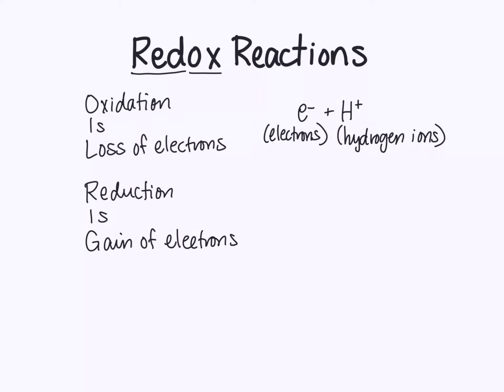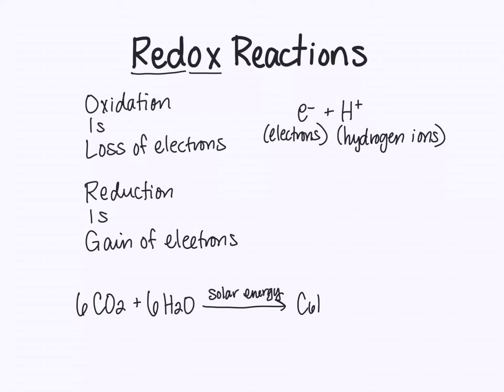So if we write out our photosynthesis reaction, let's take a look at our overall reaction: our 6 carbon dioxide molecules, our 6 water molecules. Remember, we get some solar energy as a catalyst. And then we produce glucose, which is C6H12O6, plus 6 molecules of oxygen. And this reaction right here actually demonstrates a redox reaction.